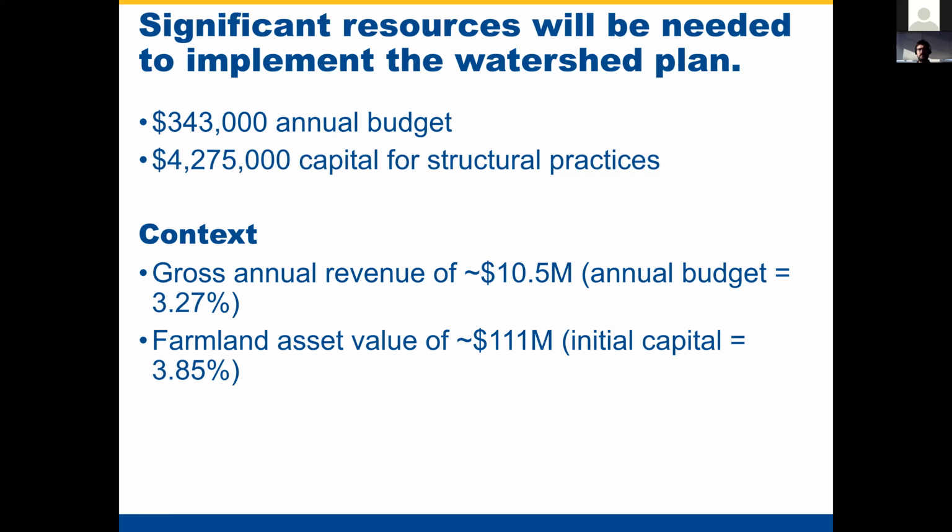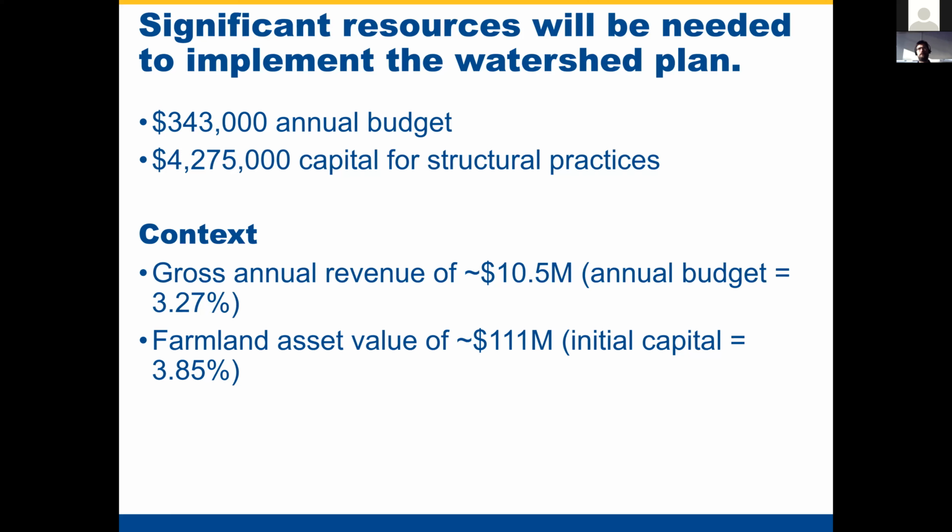There's also a huge farmland asset value within the watershed. So about $111 million of land assets within the watershed. And so if we look at $4.25 million for structural practices, that equates to about 3.5 to 4% of the total value.